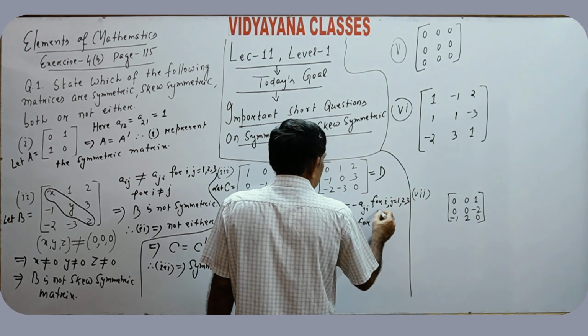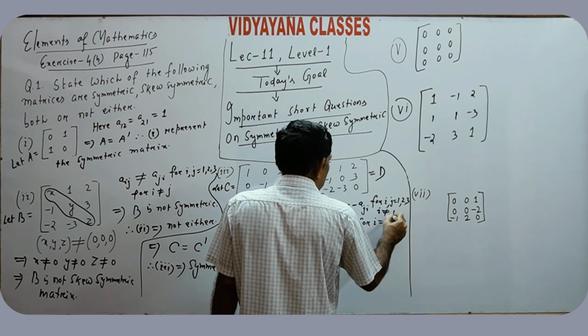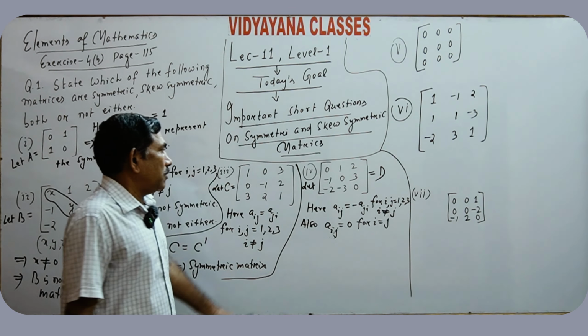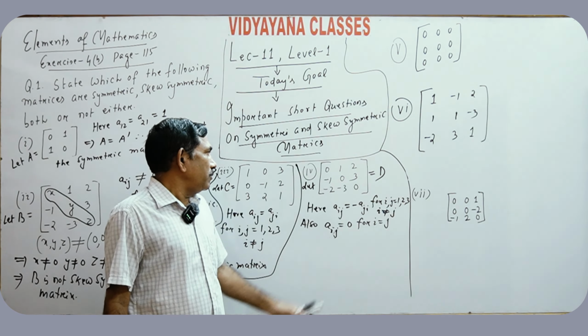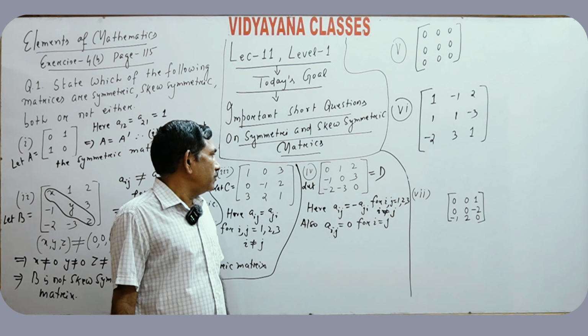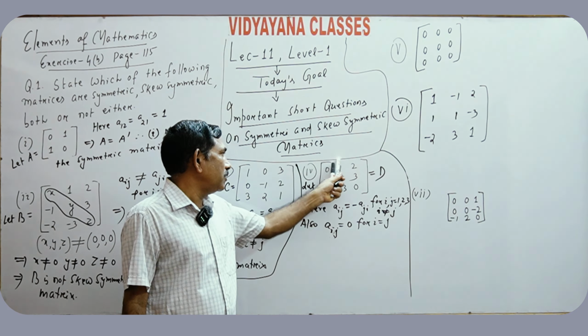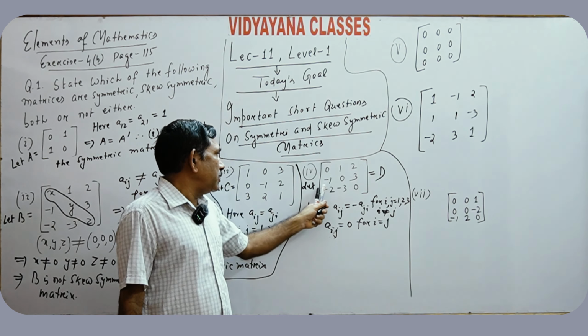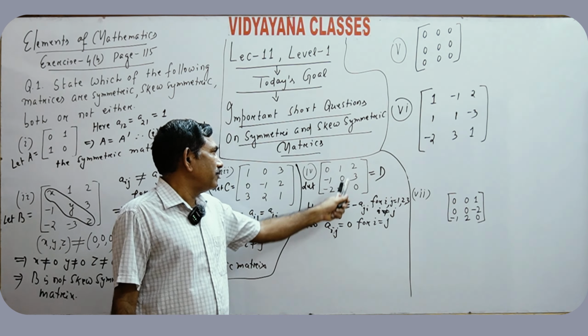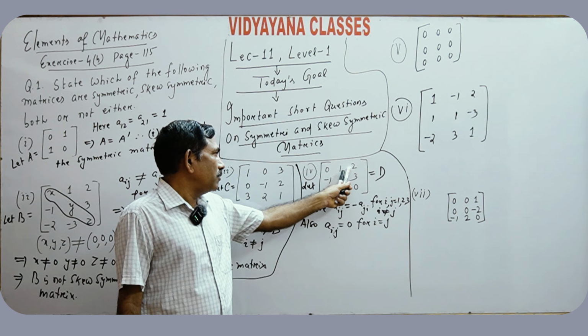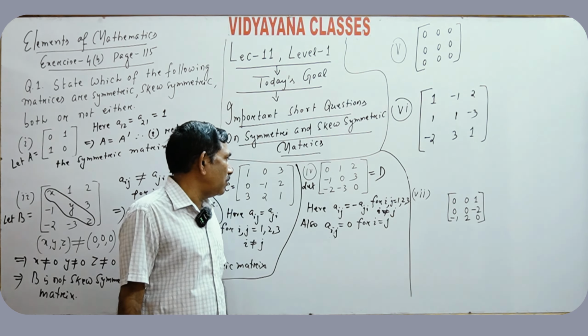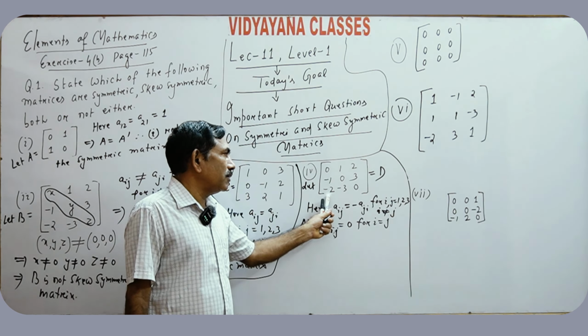The diagonal elements all are 0. Aij is negative of Aji. That means A12 is negative of A21, A13 is the negative of A31.